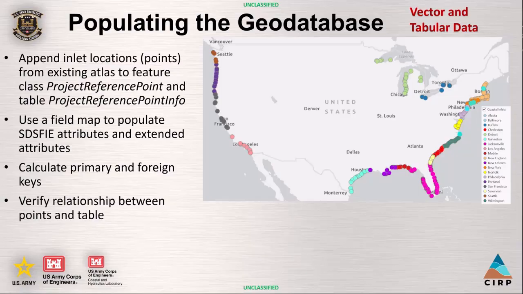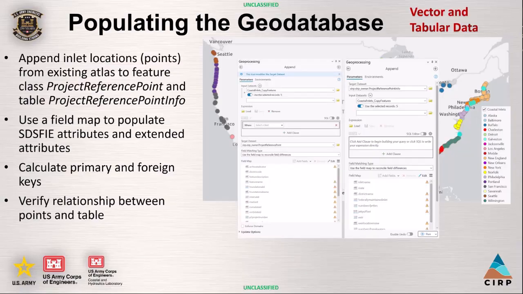So with those inlets, we just run an append operation on the project reference point feature class, as well as its associated point info table, and then use the field mappings to crosswalk the attributes from the existing Inlets Atlas into the SDSFIE nomenclature.